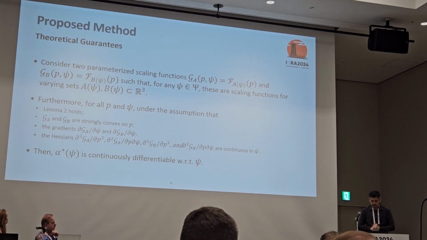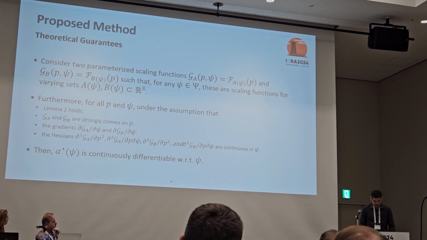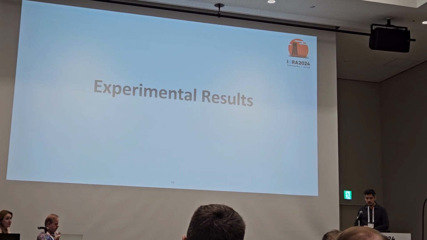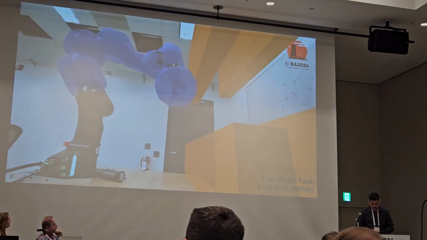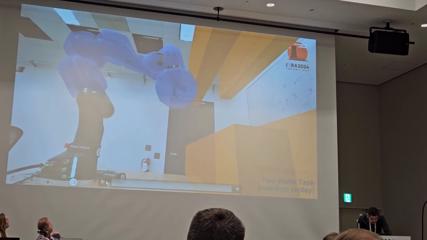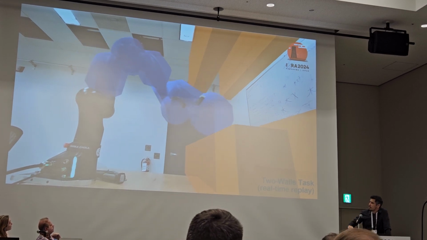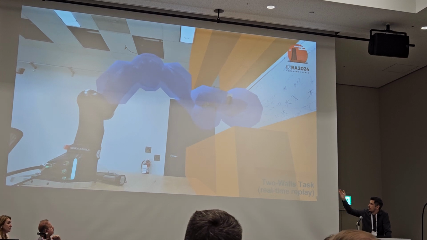As I say, I have to go through very fast, but in case there are some questions, I can try to answer, of course. All right, other than the theoretical results, we also provided some experimental results. We have this robot, the Franka Emika. We model the robot using some convex shapes: cylinders, spheres, capsules, and ellipsoids.